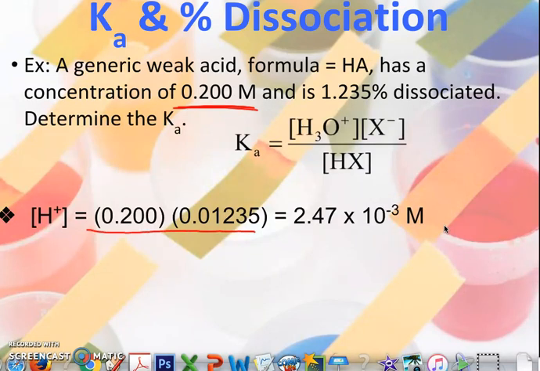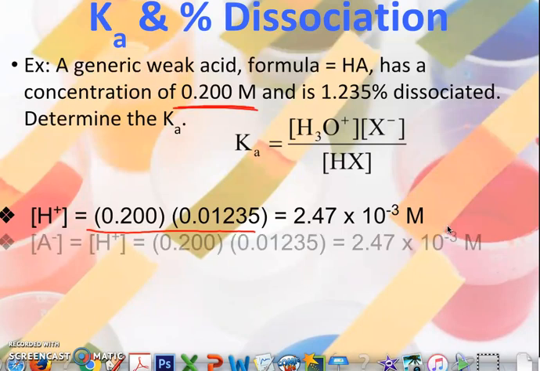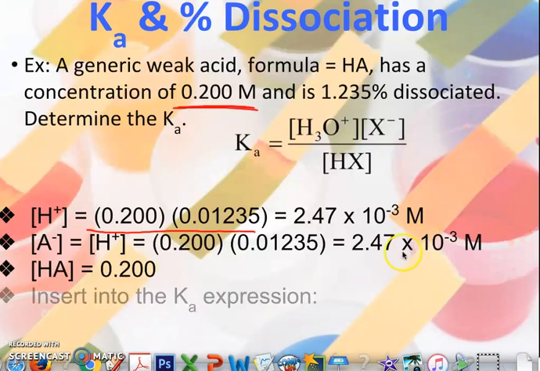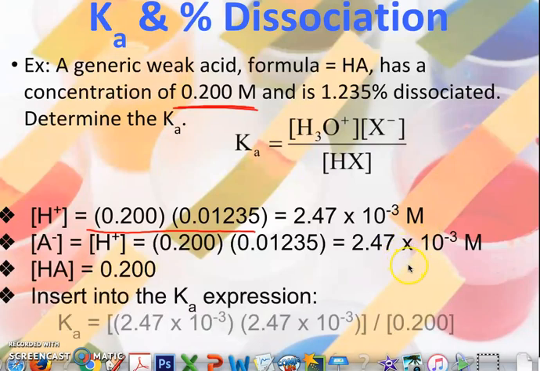That tells us what the concentration of the H plus is going to be. If we know the concentration of that H plus, we also know the concentration of the other half of the acid because they are the same thing. We were given our original concentration to begin with, and then we can plug all of those numbers into the Ka expression to solve for our actual value of Ka, which in this case would be 3.05 times 10 to the minus fifth.